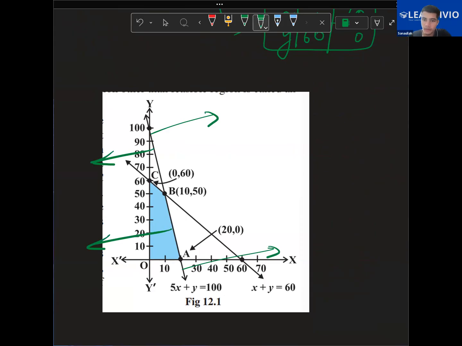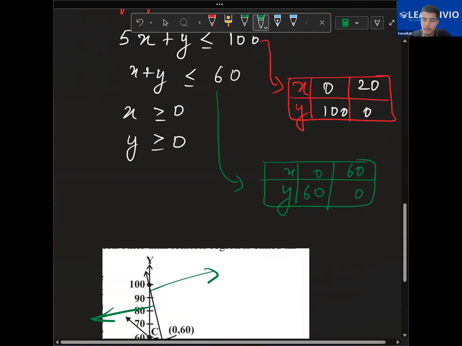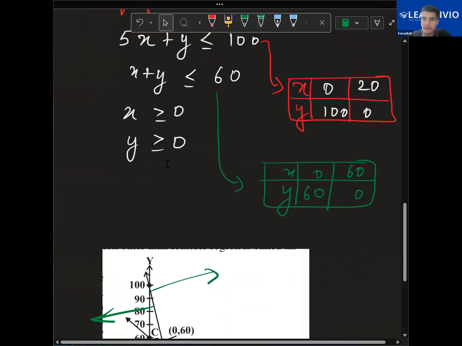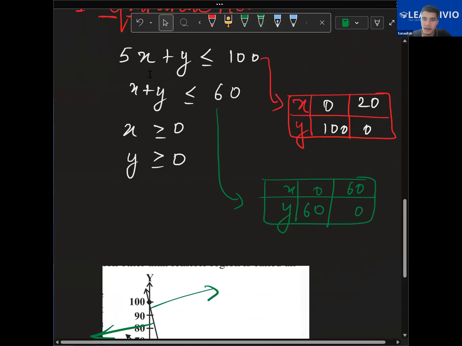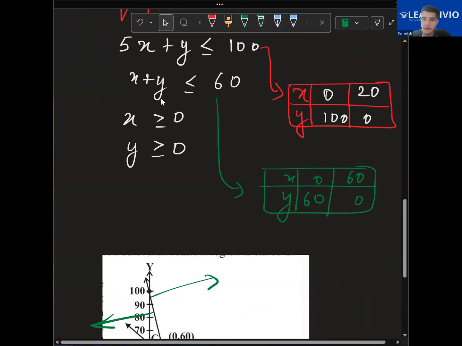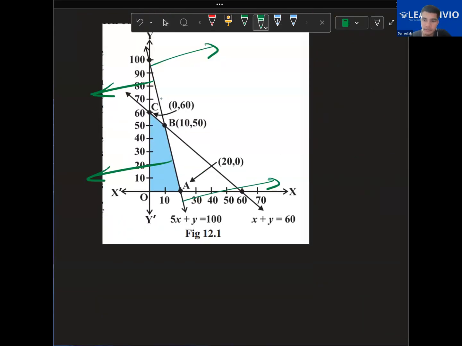On which side you will go, for that you have to check your constraint. Put some value of x and y in this region, let's put this value. If it satisfies your constraint, that means you are lying in this area, or if not, then you are lying on the other side.